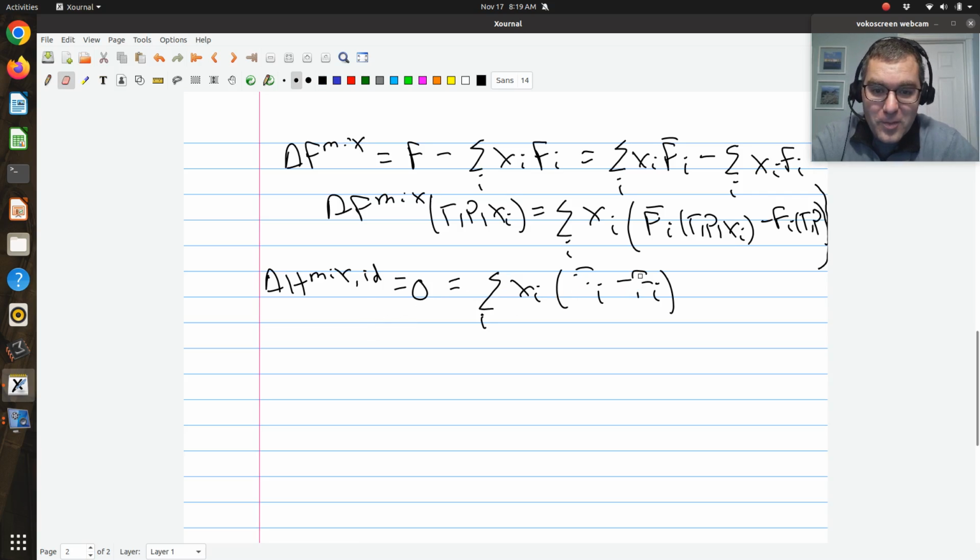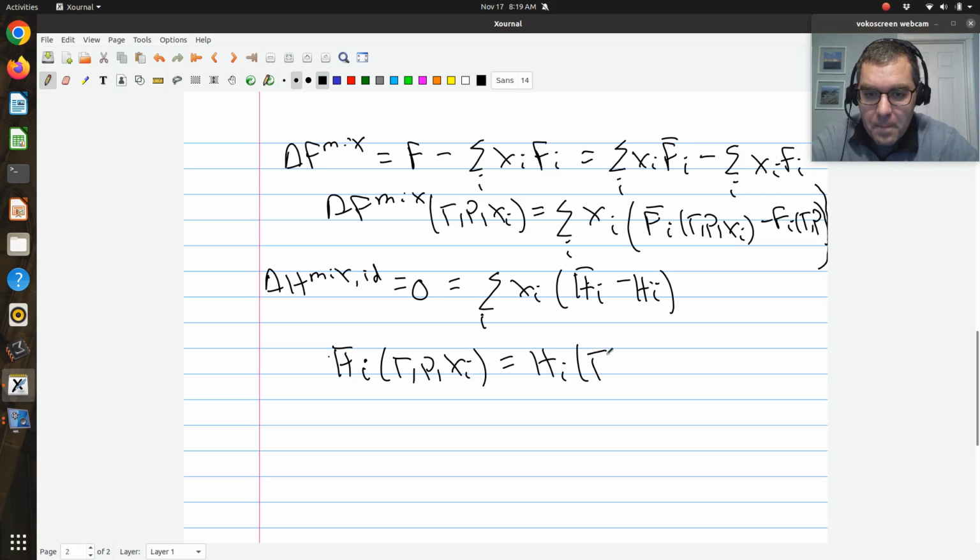So in order for this to be true in general, it must be that h bar_i, which is at T, P, and x_i, is equal to h_i at T and P. I should put ideal solution on here. So this is the partial molar enthalpy in my ideal solution.